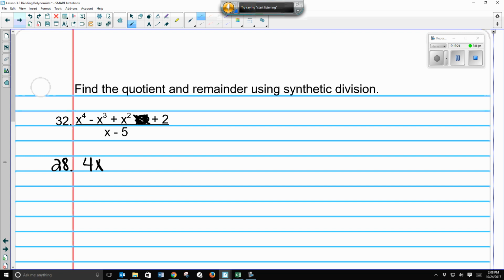So 4x squared minus 3 over x minus 2. Synthetic division. It's missing the linear term, so I have to put 0 here.